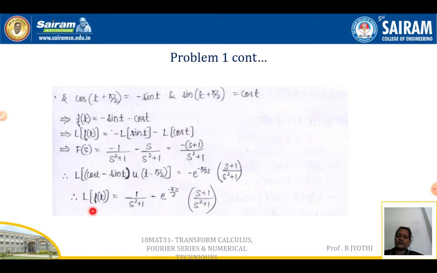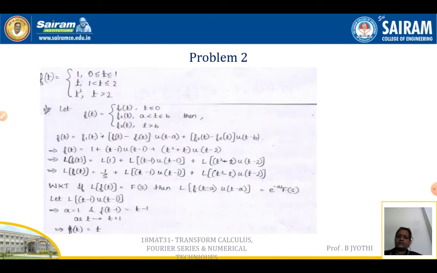So we get L of f of t is equal to 1 upon s squared plus 1 minus e power minus pi s by 2 into s plus 1 divided by s squared plus 1. This is the result.